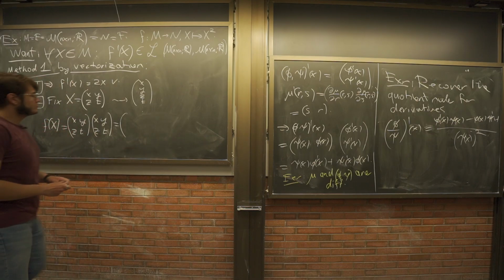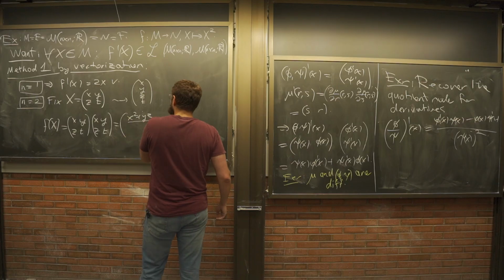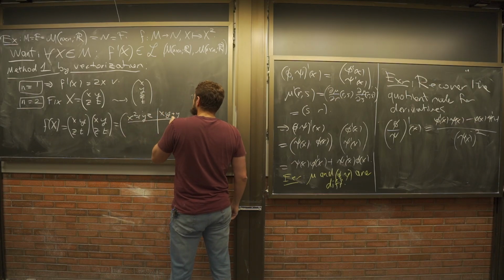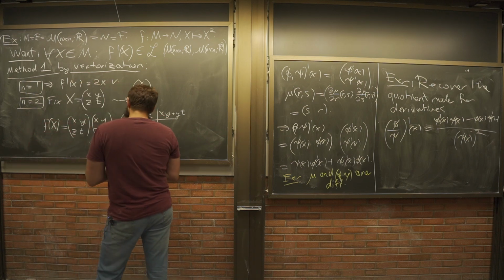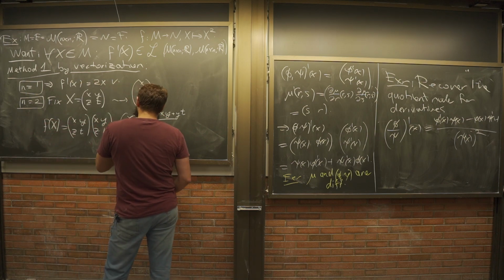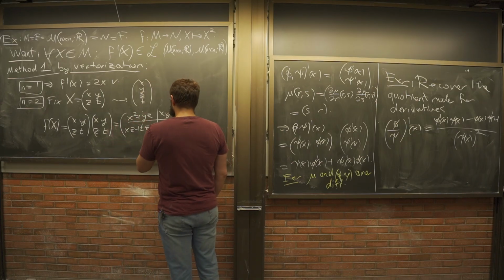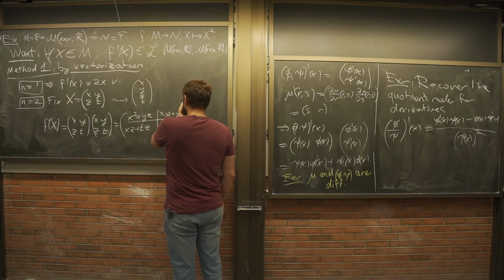So let's compute this matrix. In this entry I have x squared plus yz, and then here I have xy plus yt. And then xz plus tz, and in this entry zy plus t squared.